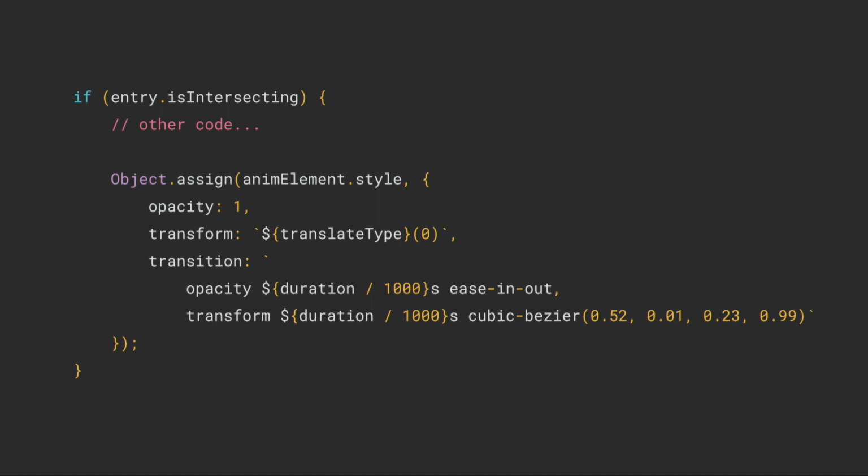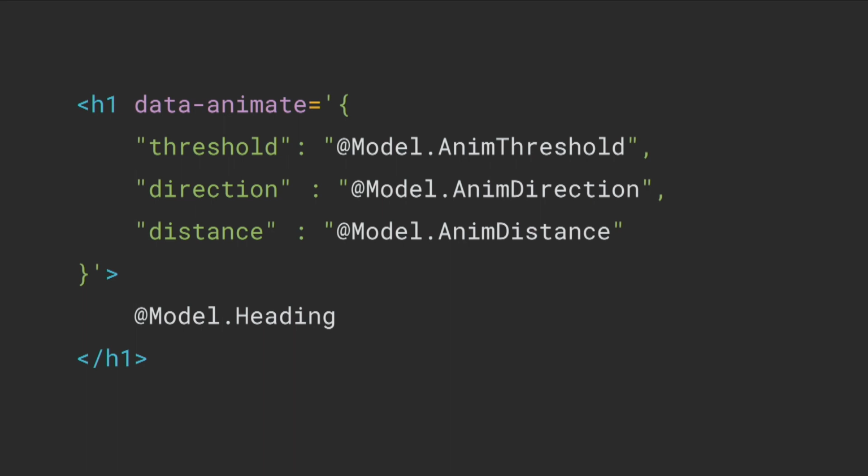Now, there's another great thing about this, is that we've just made this editable from the DOM, which means that we can make it editable from an Umbraco or a content management system. So we could potentially let our content editors control the animations. Don't do that. Because they will mess up your site. But that doesn't mean that you couldn't give them a few set options.